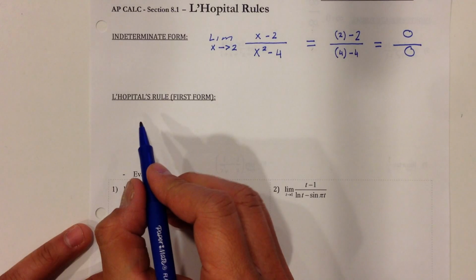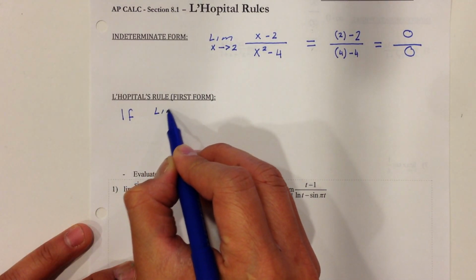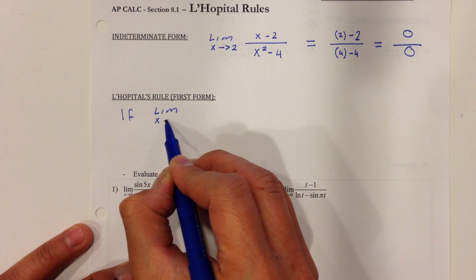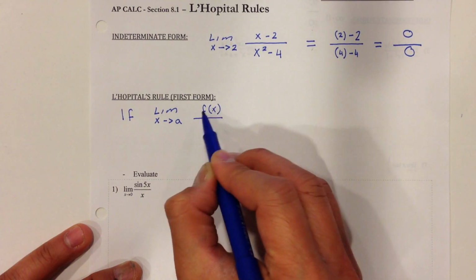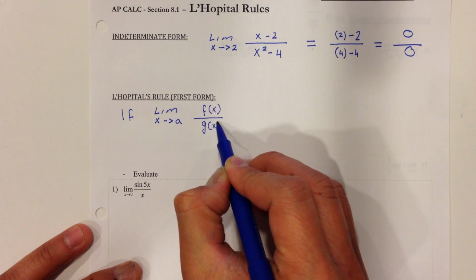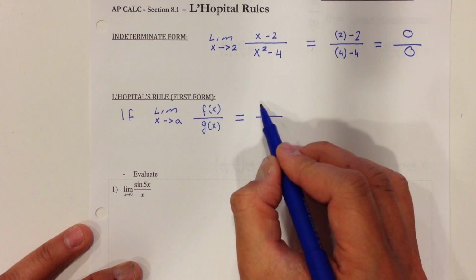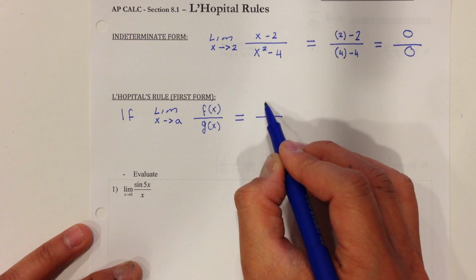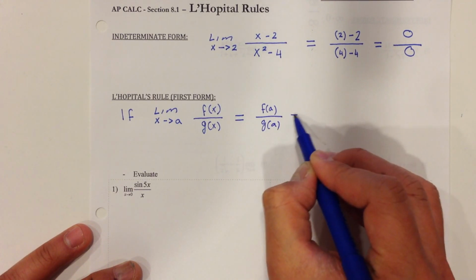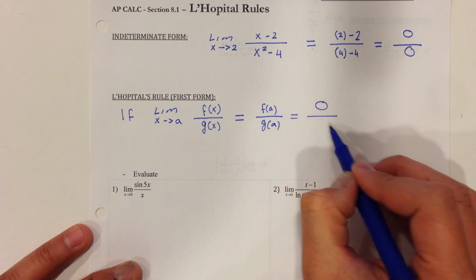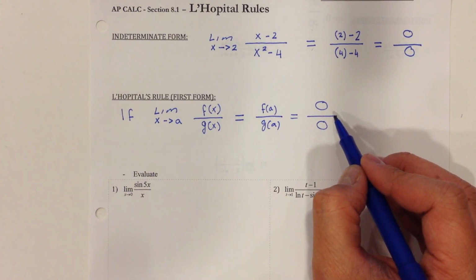He said that if the limit as x approaches a number of the quotient of two functions, and if we do direct substitution and get f of a over g of a, and that happens to equal 0 over 0, then it satisfies the indeterminate form.